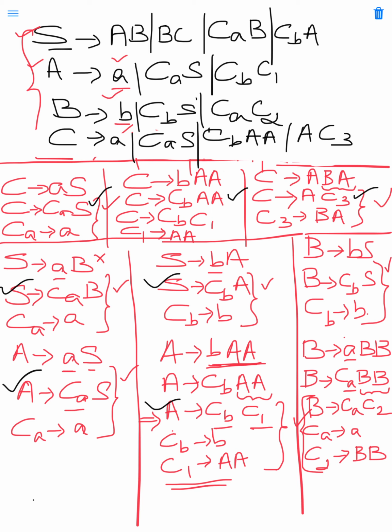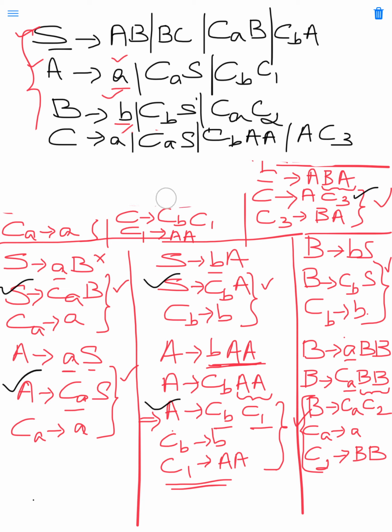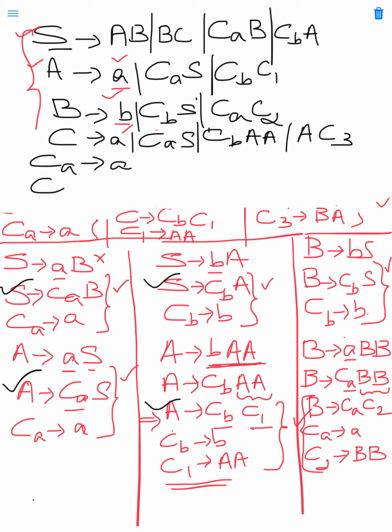Okay, so I'm erasing this part. Now the remaining thing, CA is a, CB is b, then C1 is AA, okay, one more is there, that is CB C1 also you have to write.